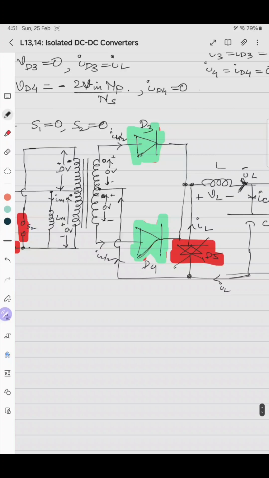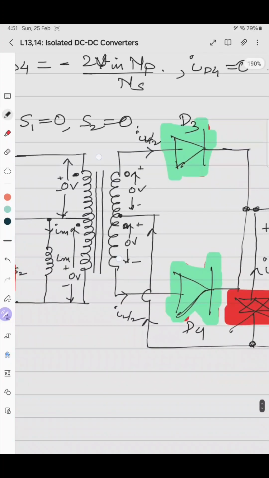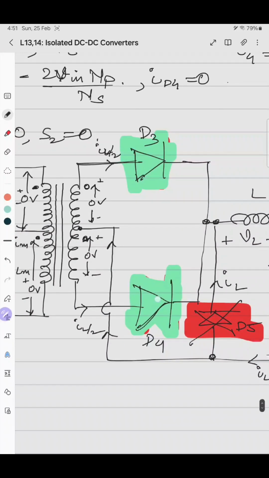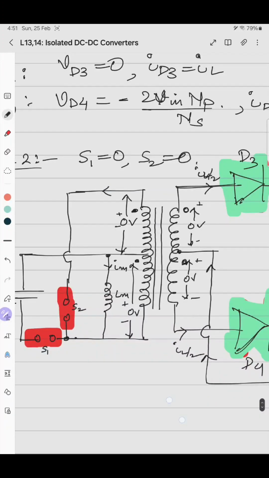So it will force turn on diodes D3 and D4 irrespective of whether there is induced voltage across their terminals. Say we are not using D5, we are just using D3 and D4. So here what is the current induced? Say this is IL and this is the switch current.